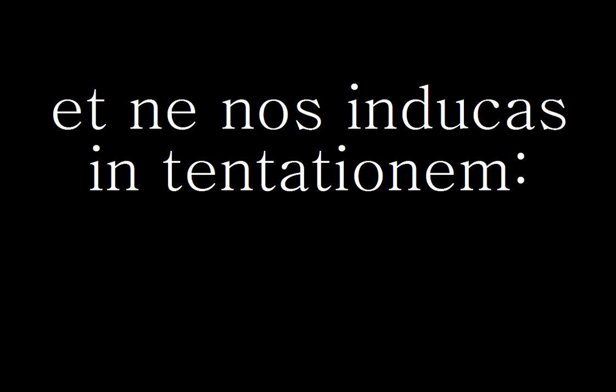Et ne, a long E on ne, et ne nos inducas, a long U and a long A, so inducas in tentationem, because we have a long O and a short E at the end of this word, and so we get the circumflex on the O. When we have a long vowel followed by a short vowel and then the end of the word, the long vowel gets the circumflex. So in tentationem, et ne nos inducas in tentationem.